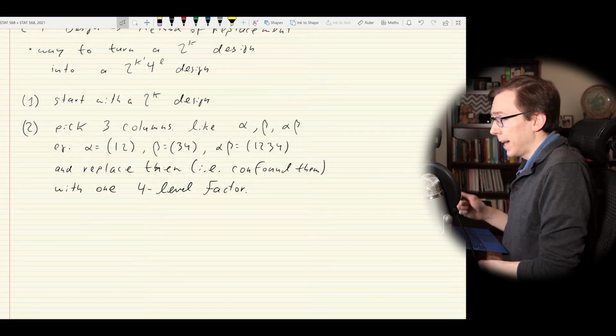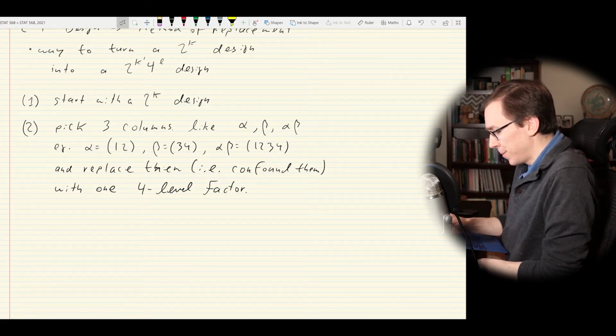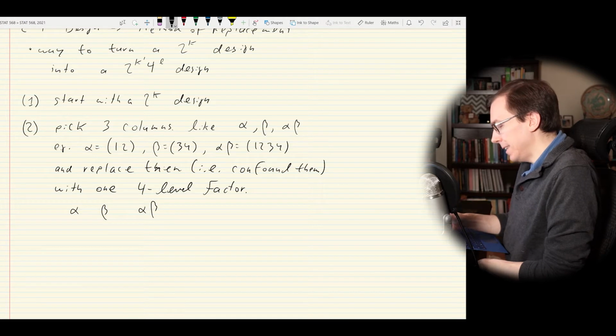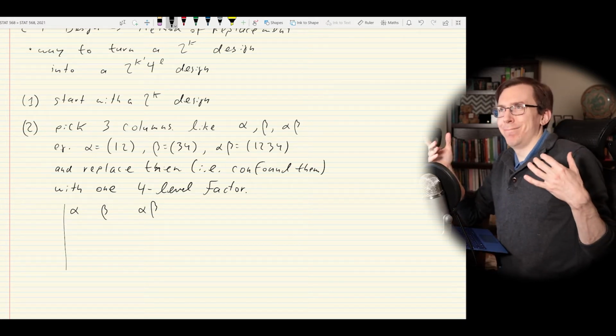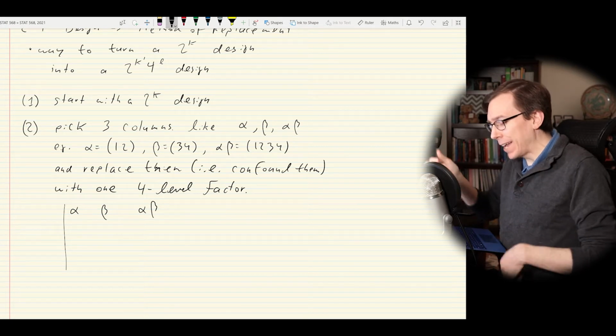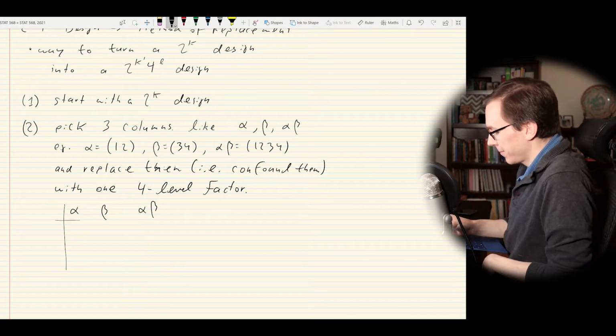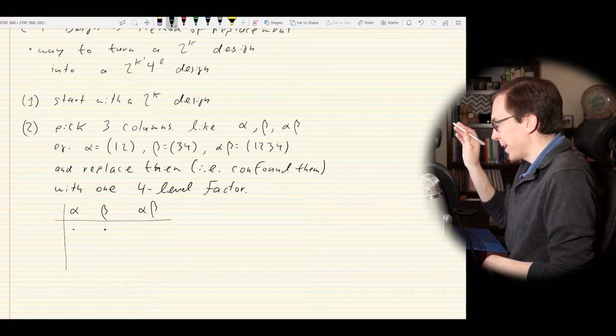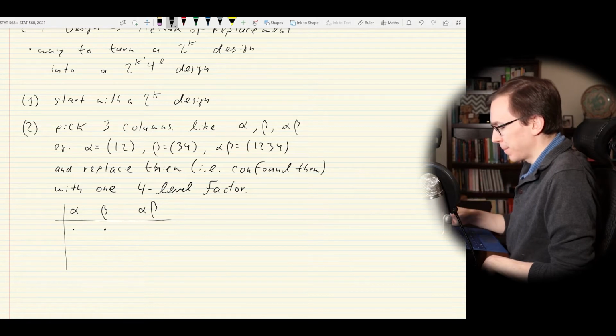And the way we do that is, well, simple enough. What we do is we consider our columns, alpha, beta, and the interaction alpha beta. Now in these columns, there's really only 4 different entries that you would see, right? I think I had it slightly backwards in my notes, so I'm going to switch it.